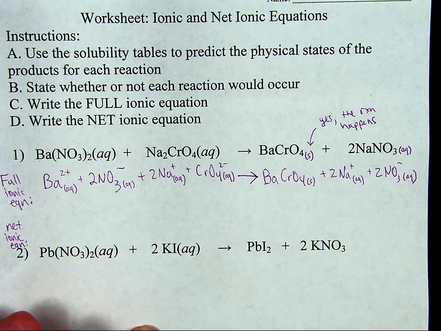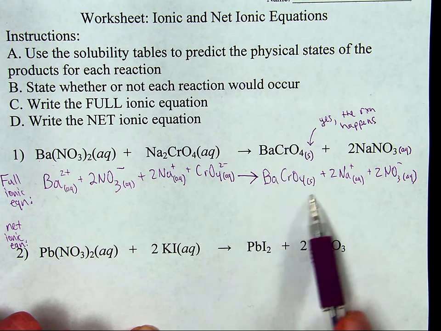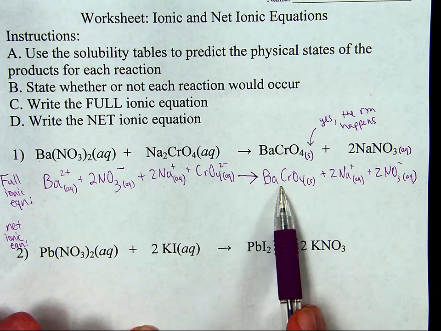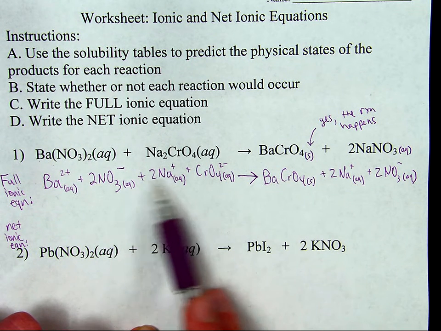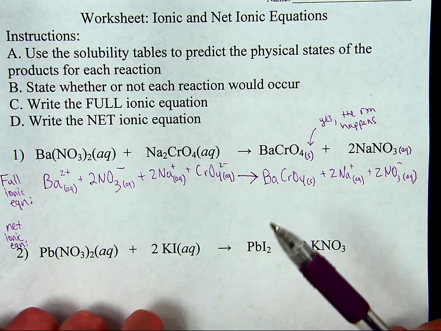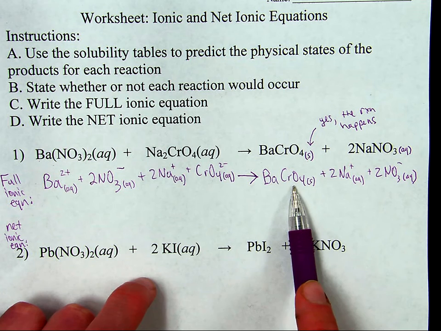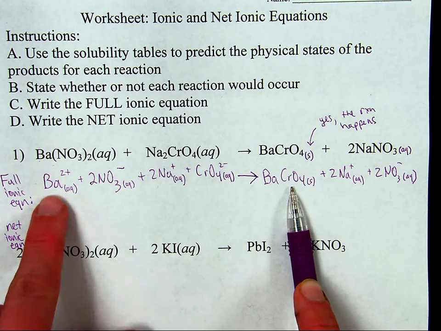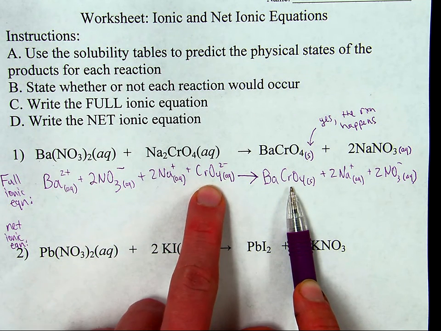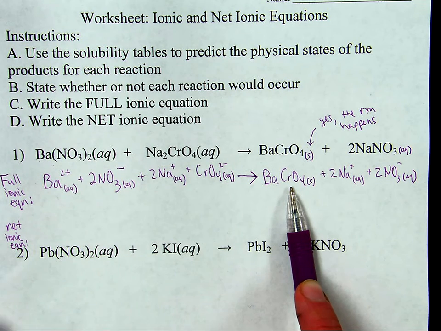Or way number two, write down the thing that isn't aqueous, and then whatever comes together to make it, or if the non-aqueous thing is on this side, then whatever it makes when it comes apart. So here's your non-aqueous thing, and the barium and the chromate came together, so I'm going to say barium plus chromate makes barium chromate. That's the net ionic equation.